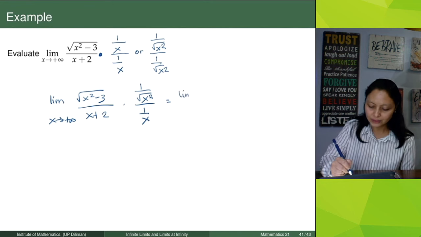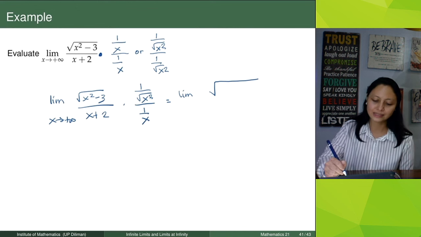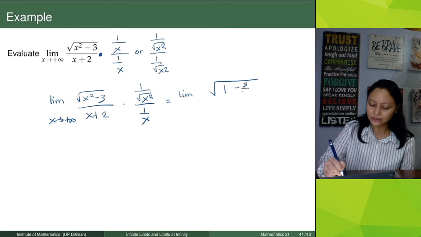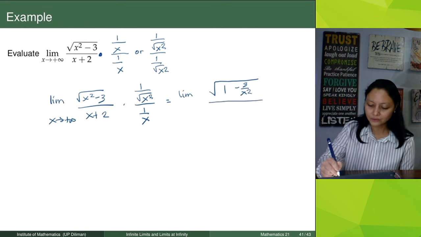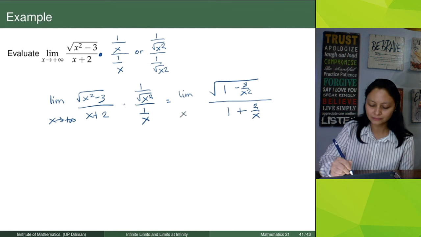Now we can multiply inside the radical sign. You can write this as x squared over x squared minus 3 over x squared, all over x over x, which is 1, plus 2 over x.